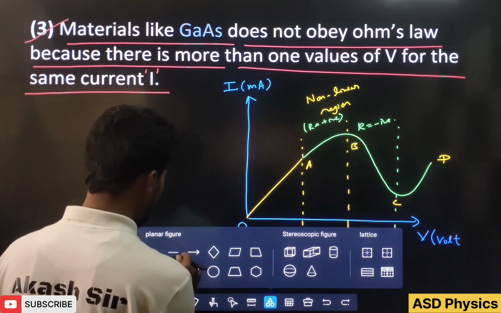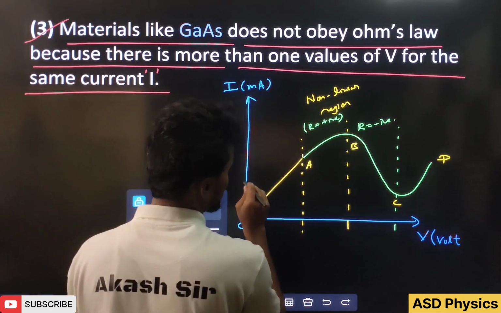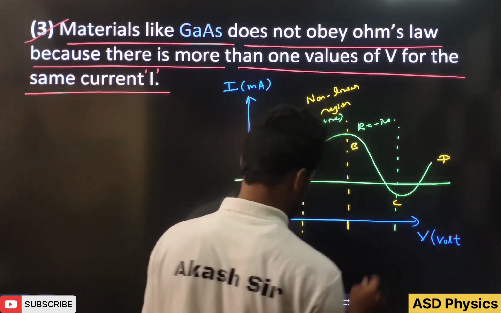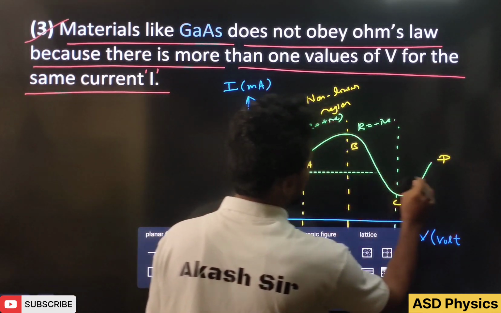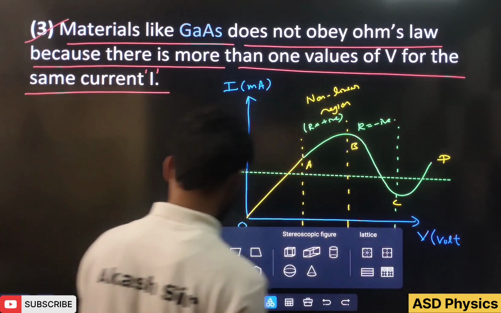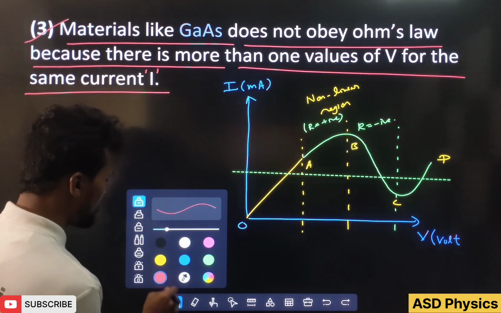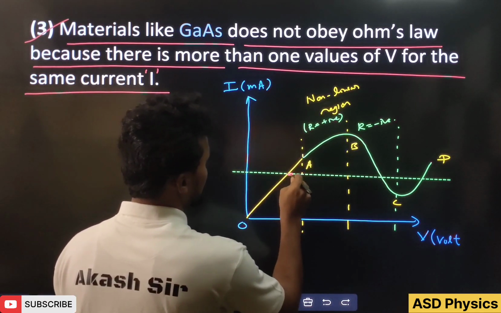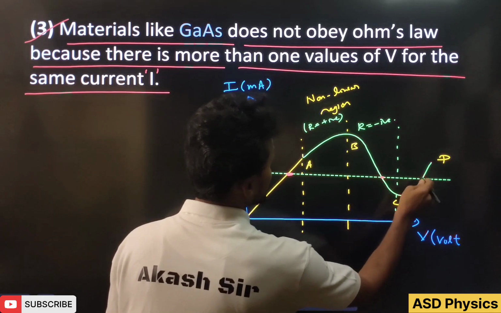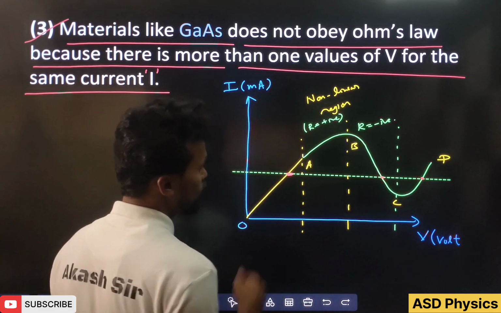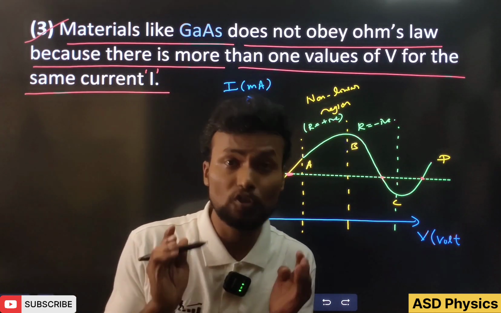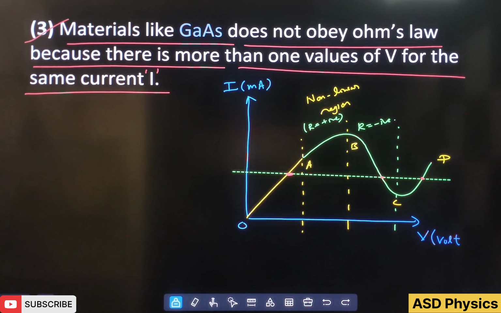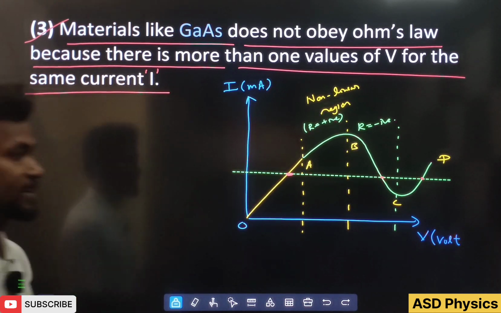And if I draw one line here, you can see that different values are possible: for different voltages we are getting the same current. That's why they are also not following Ohm's law. Kindly see very well, this is gallium arsenide.